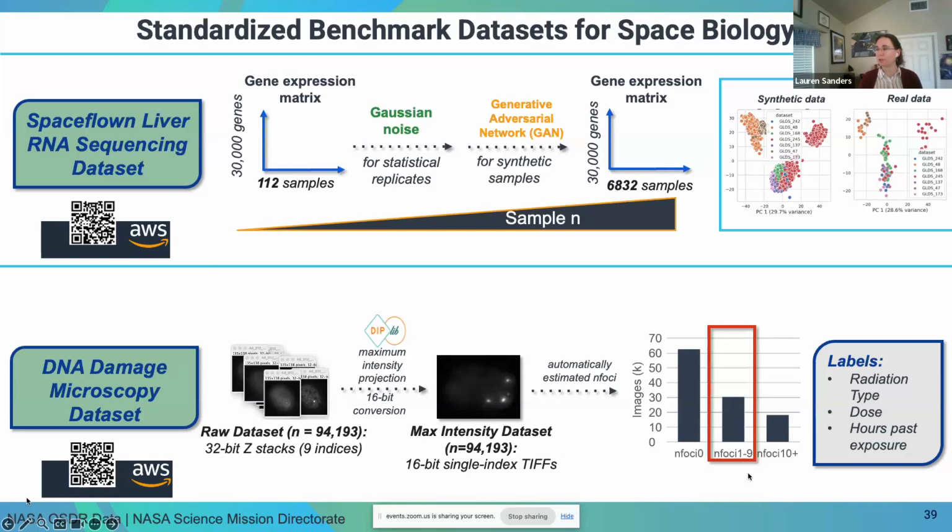And we cleaned it up and published it with a few different labels that will make it straightforward for starting to train models. Both of these data sets are published on the AWS Open Data Registry, and these are some of the data that we're using for the capstone projects in the TOPS training.